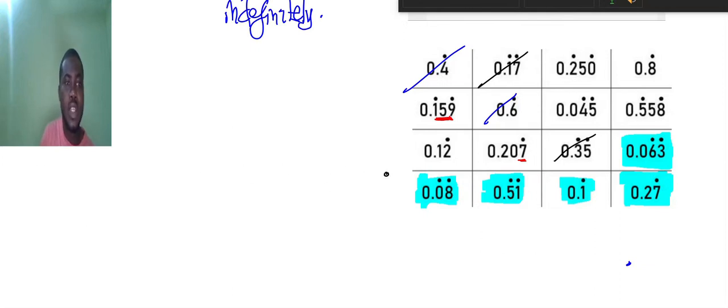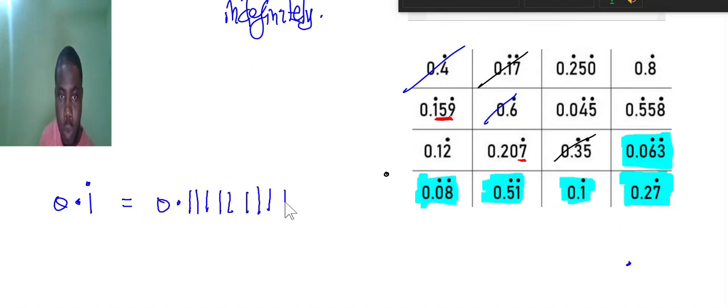In real sense, for recurring decimal, you cannot exhaust the list, because it's indefinite. So 0.1, with the dot placed on 1, so that's 0.111111111, like that. Keep repeating the 1. That's no end. 0.27, the dot is on the 7.